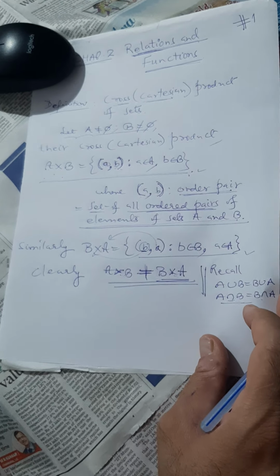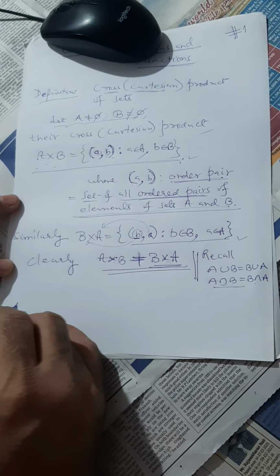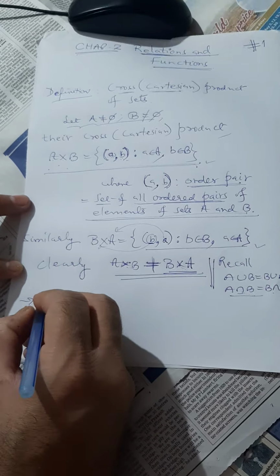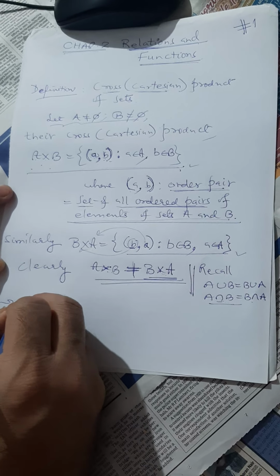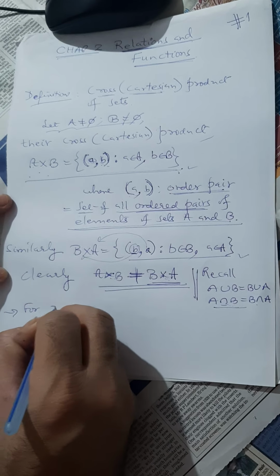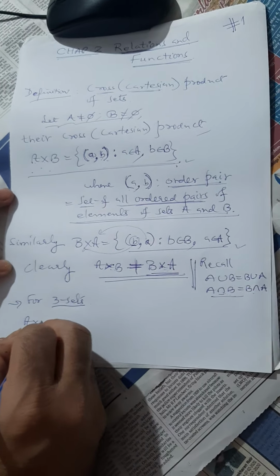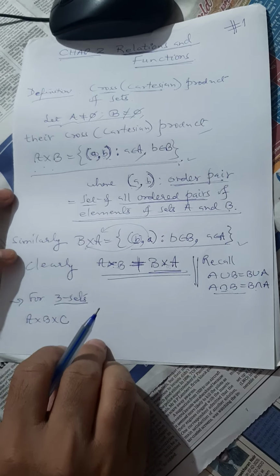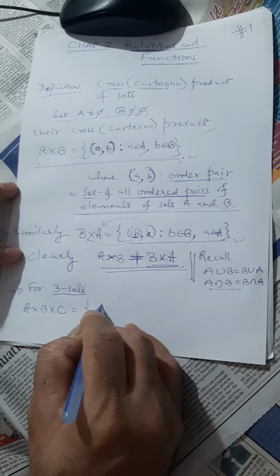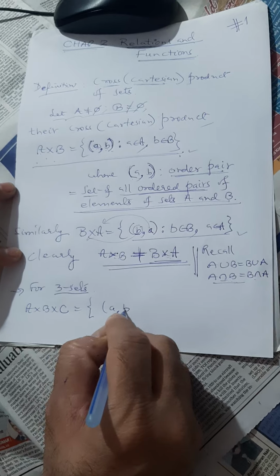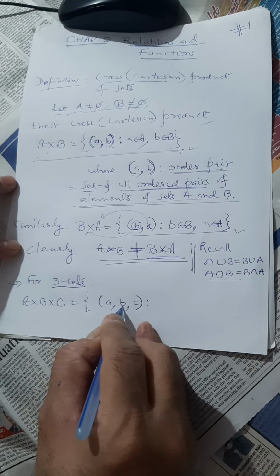Okay. Now we can write the cross product of three sets also. For three sets, A cross B cross C. This is called the cross product of three sets. It is the set of all ordered triplets (a, b, c). This is called a triplet here, a combination of three objects.